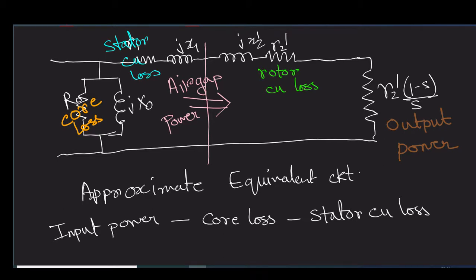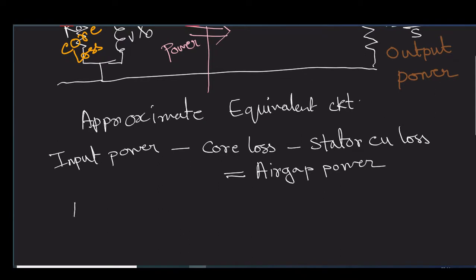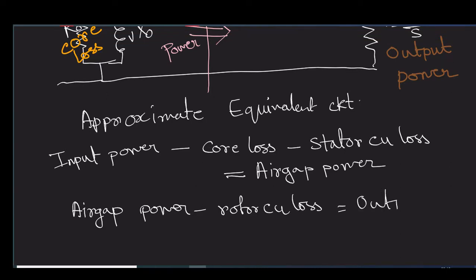This gives us our air gap power. Once we get air gap power, then if we subtract our rotor copper loss, that gives us output power. Now our circle diagram must be drawn to scale to give us a clear indication.